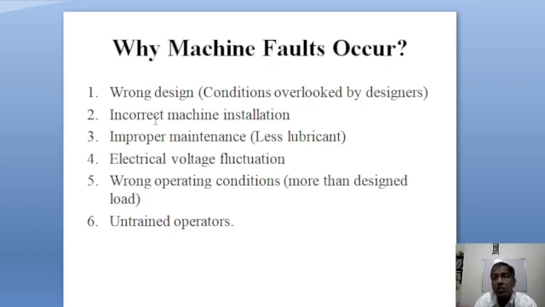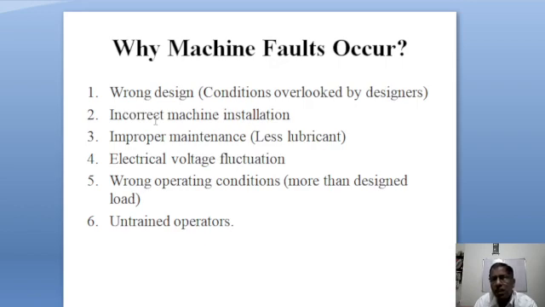Improper maintenance: the proper maintenance schedule is not followed, proper lubrication is not provided to the components, and because of the less lubricant, a lot of friction occurs, and because of that friction, heat is generated, and the lubricant gets burnt out and creates hard carbon particles.